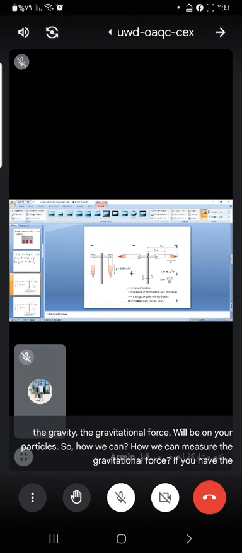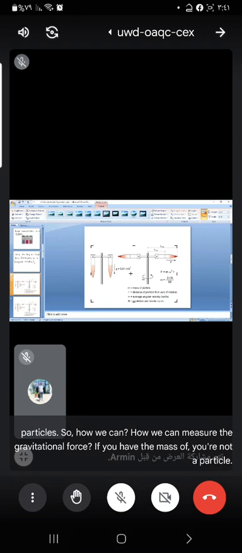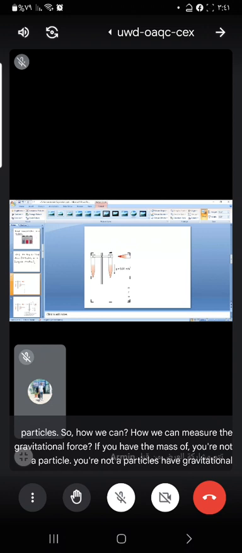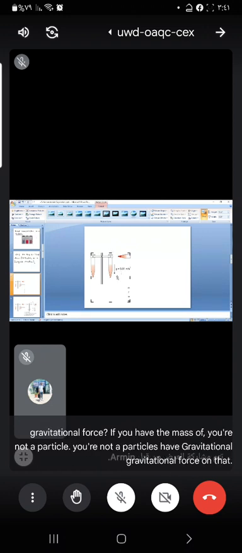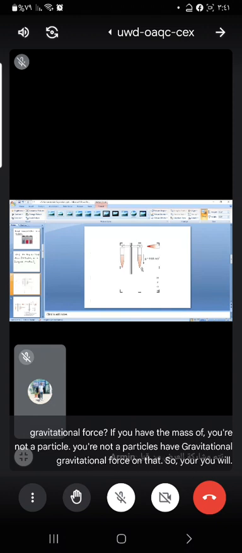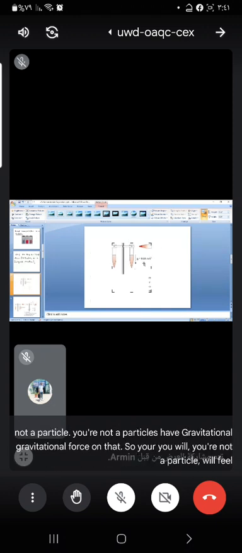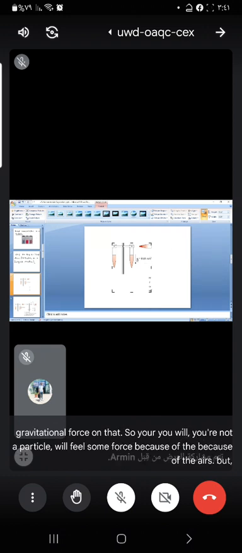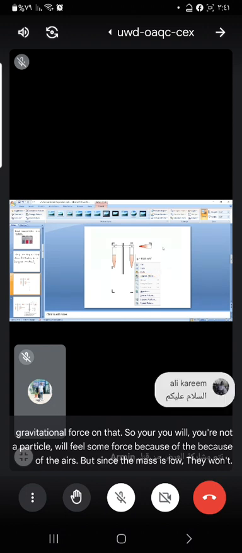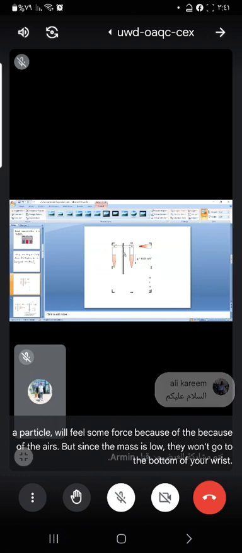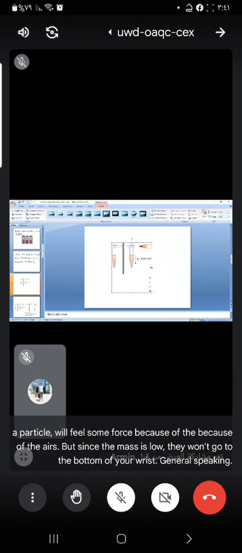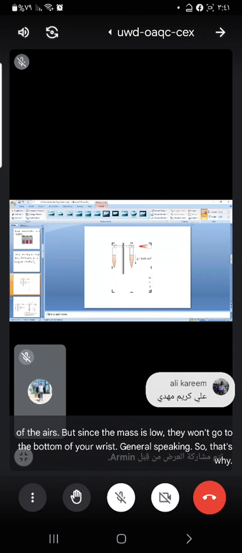If you have the mass of your nanoparticles, there is a gravitational force on them. Your nanoparticle will feel some force because of the air. But since the mass is low, they won't go to the bottom of your vessel, generally speaking. So that's why we need to increase this G force.